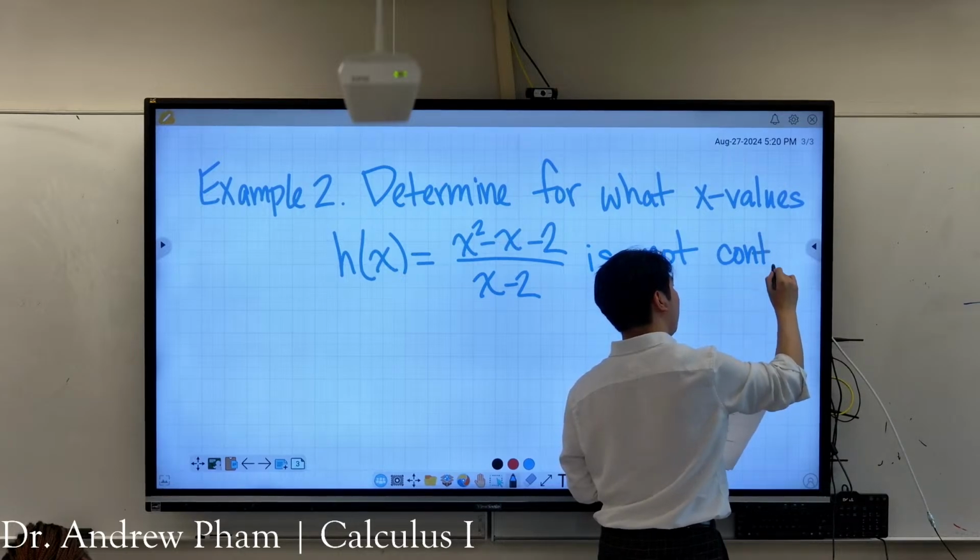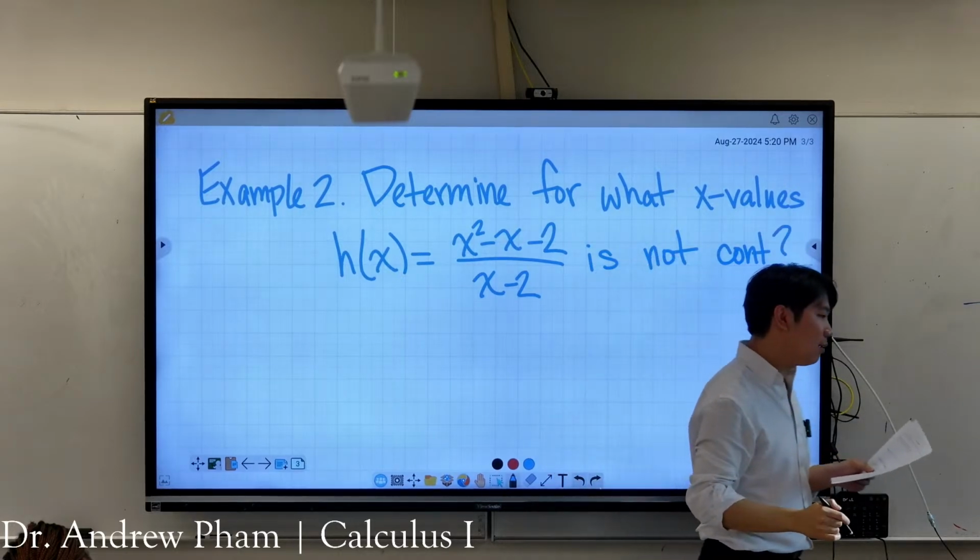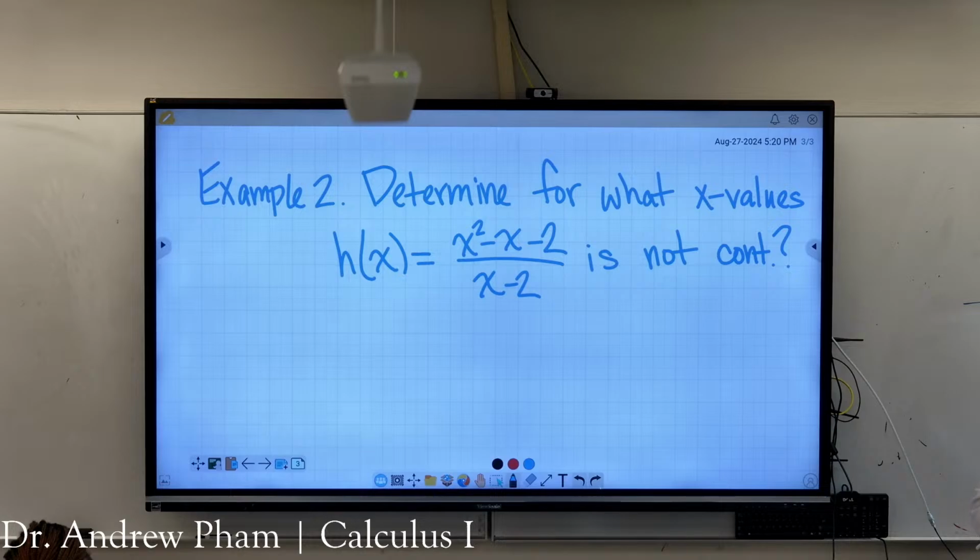I'm running out of room here, so I'm just going to put CONT dot. So instead of giving you a picture, what if I just gave you a function expression, the equation?